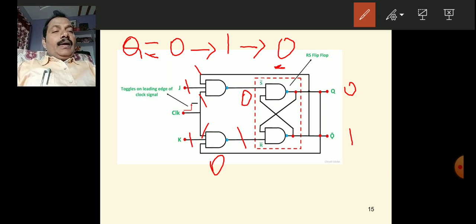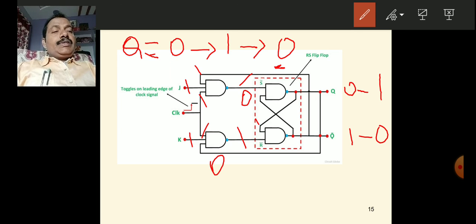Now observe the latch: in the top NAND gate, one of the inputs is 0, and even though the other input is not known, you can tell the output is 1. You see, 0 changed to 1. Similarly this 1 is fed back here, 1 1 1, output is 0.